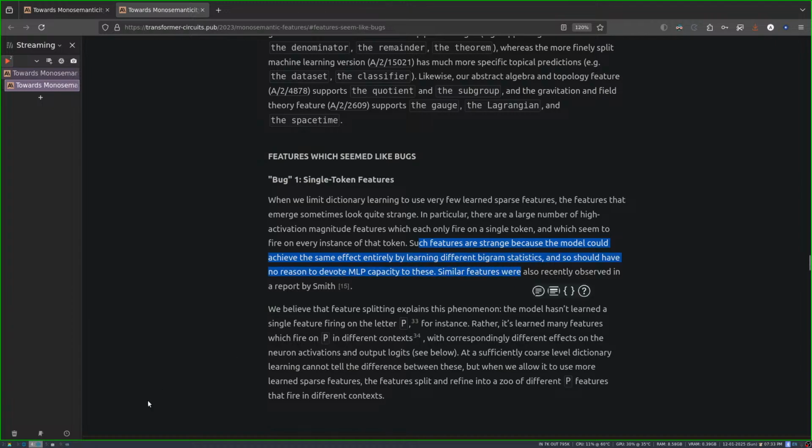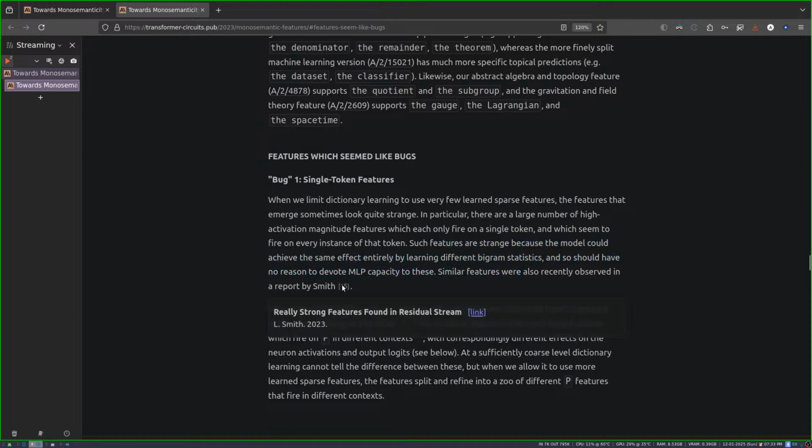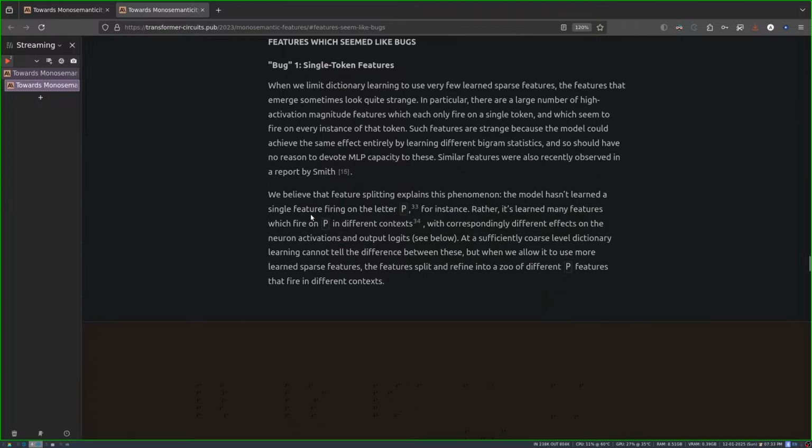Similar features were also recently observed in a report by Smith. We believe that feature splitting explains this phenomenon. The model hasn't learned a single feature firing on the letter P, for instance.